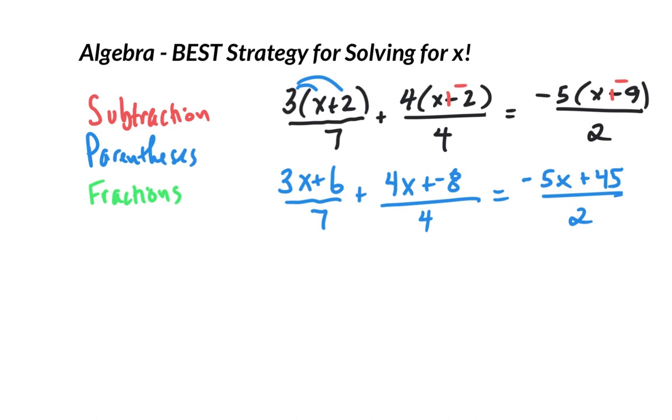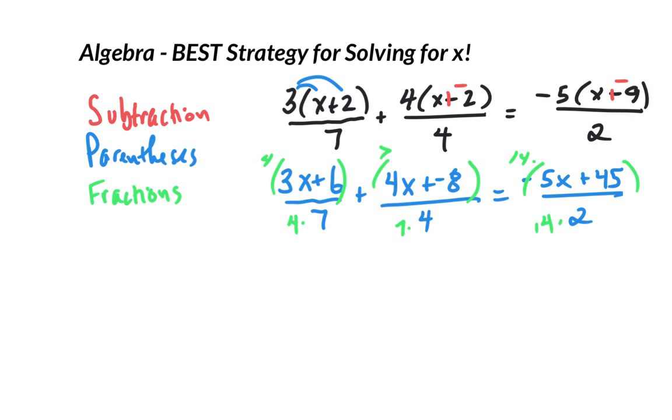So I'm going to make every denominator equal to 28 through multiplication. That was 4 times 7. Whatever I do to the bottom, I have to do to the top. It was 7 times 4. So again, 7. And it's 14 times 2. Like that. So let's go through and write those new numerators.